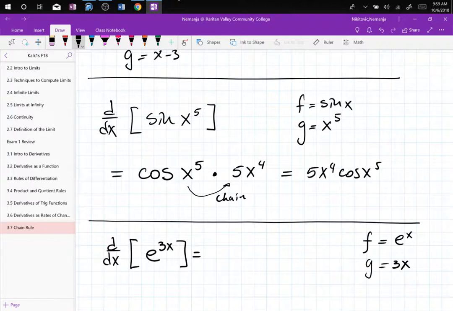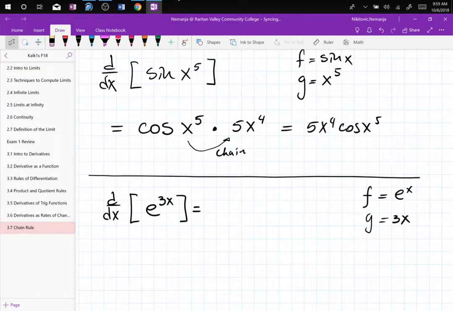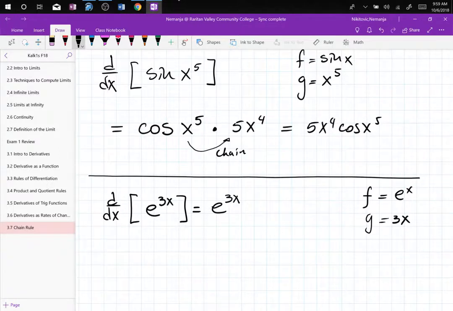That's the decomposition. So what's the outer? Derivative of e to the x is e to the x, so e to the 3x, times the derivative of 3x is 3, which is exactly what you memorized before. A, e to the ax, right? There's that a that goes outside. It's a chain rule.